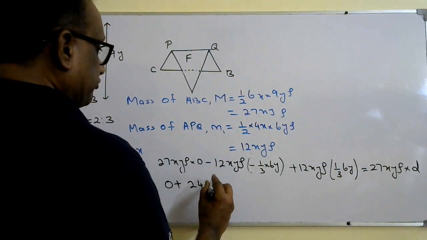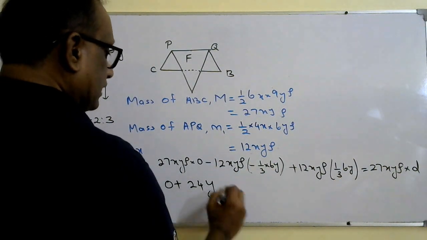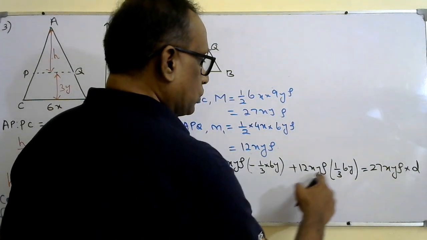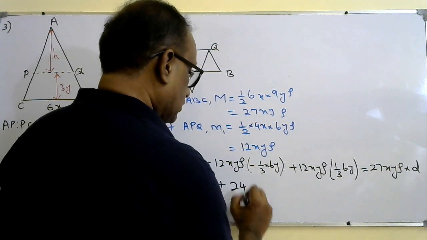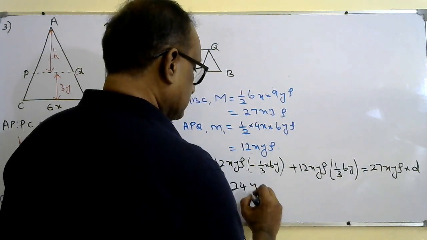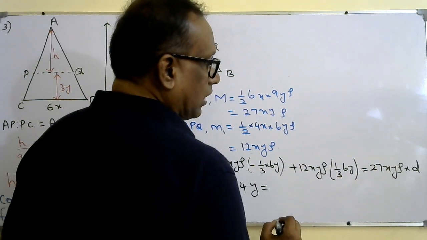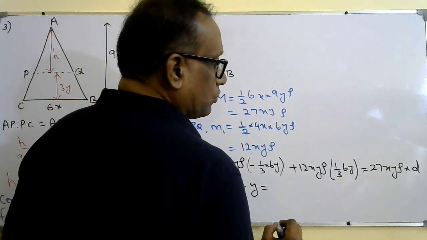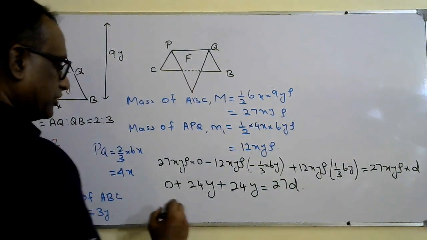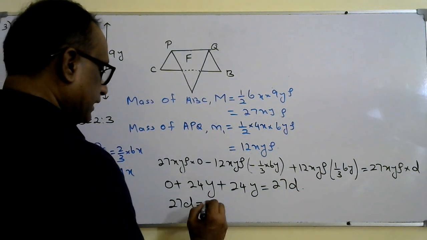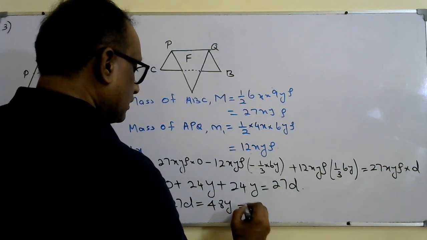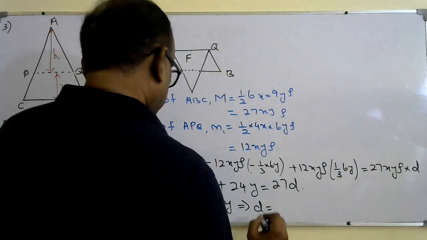So that's going to be 24y plus 2 again 24y is equal to 27D. So D is going to be 48y.